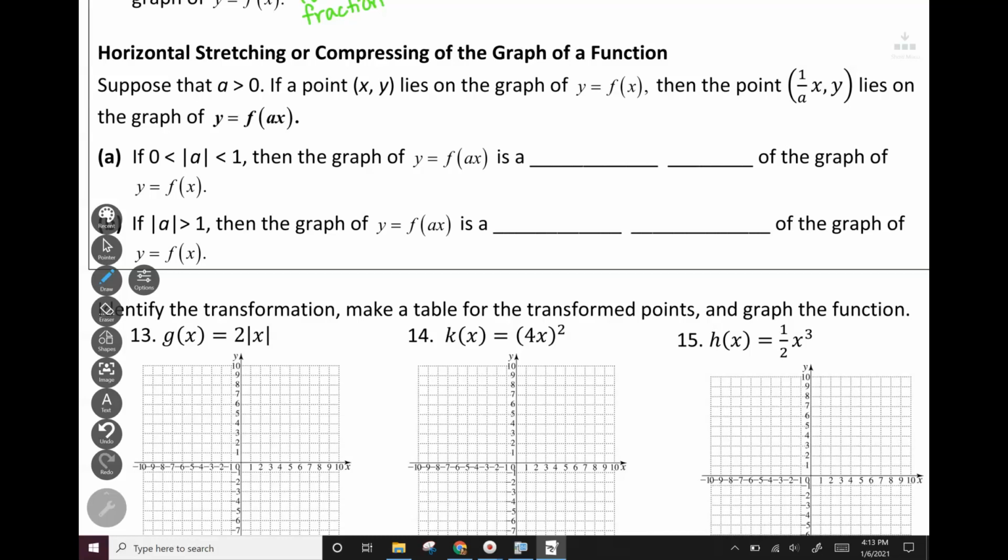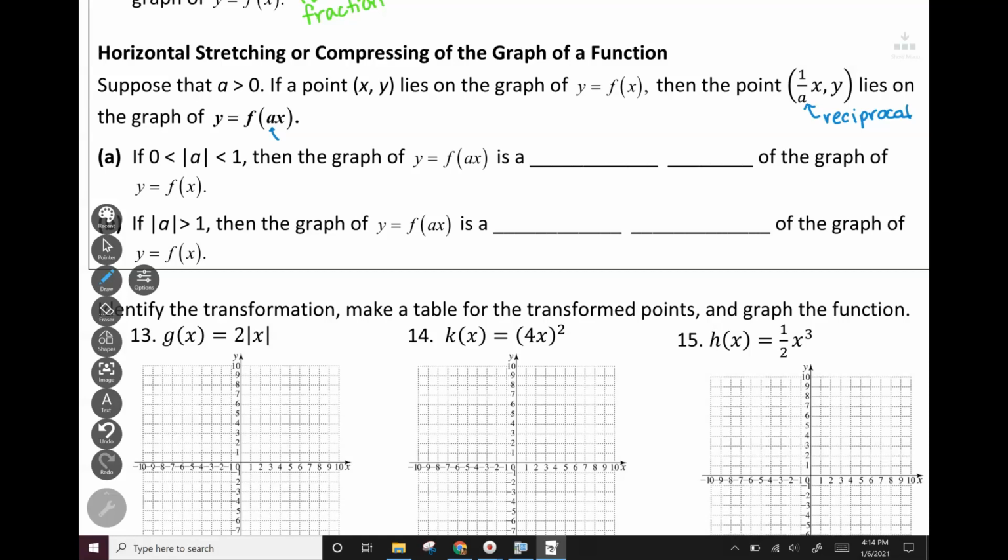If the point (x, y) lies on the graph of y equals f of x, then the point (1/a times x, y), so you're multiplying x by the reciprocal of that number, lies on the graph of y equals f of a times x. So notice they're multiplying the a by the x on the inside of the function versus multiplying the a on the outside of the function.